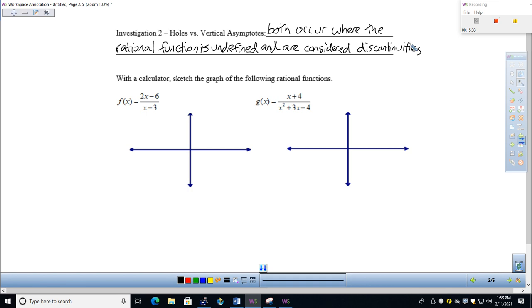And now what I want us to do is, with the calculator, graph this and see what might be surprising from it, what might be interesting about it, and then draw some conclusions.